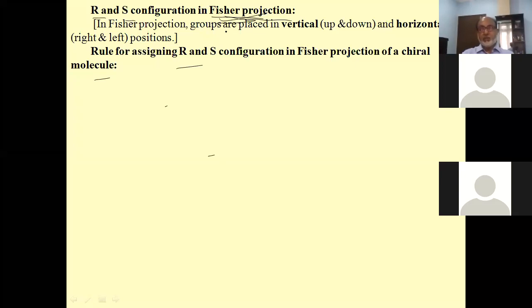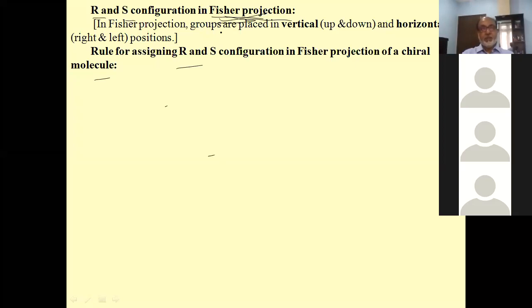Now, here also you should be very careful. In Fisher projection, groups are placed in vertical, that means up and down, and horizontal positions. Horizontal means right and left.